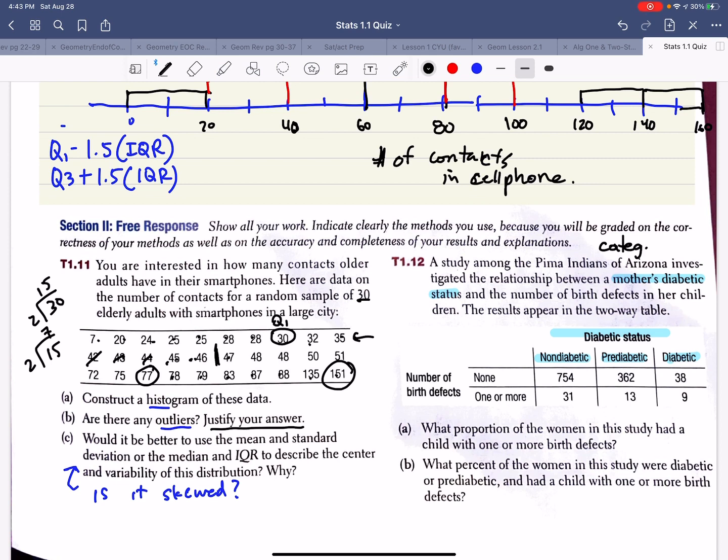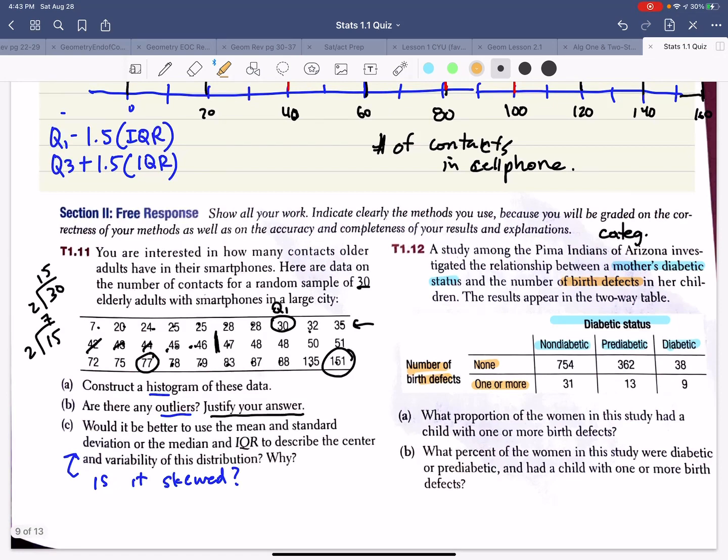And then here, the number of birth defects, whether they had no birth defects, or at least one birth defect, okay? And that's a yes or no, isn't it? Yes, you were free of birth defects, or no. Yes, you had at least one.